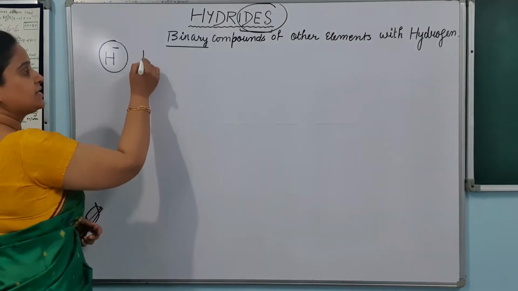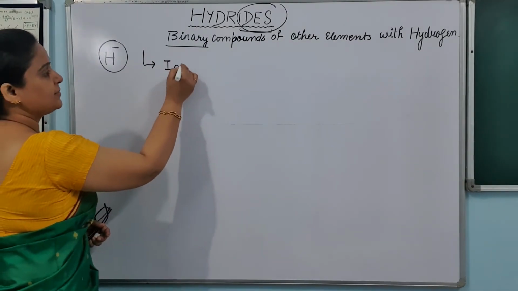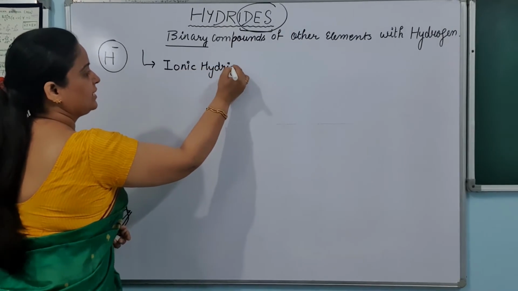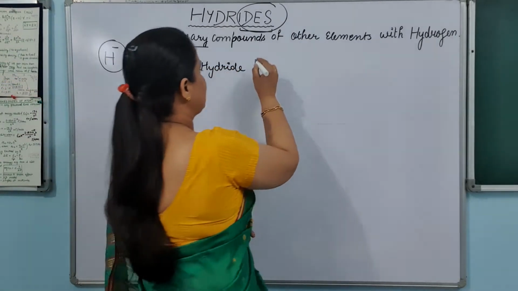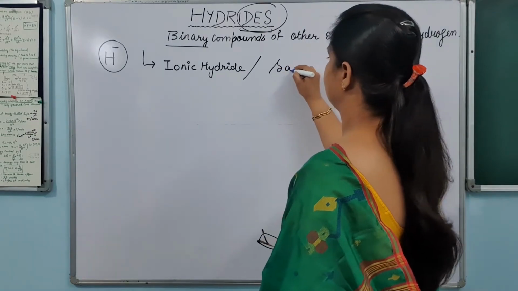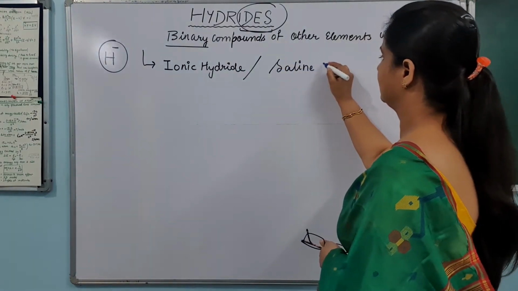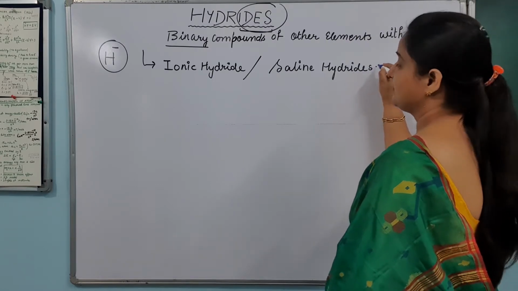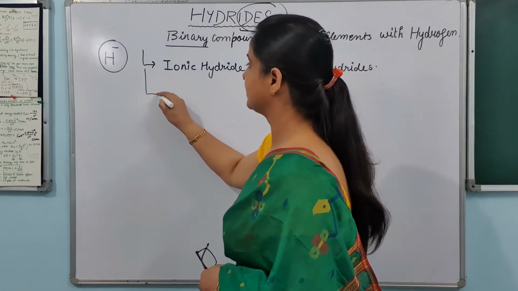The first category is ionic hydrides, also named saline hydrides. We will discuss the properties later on. First of all, we will see what types of hydrides there are.